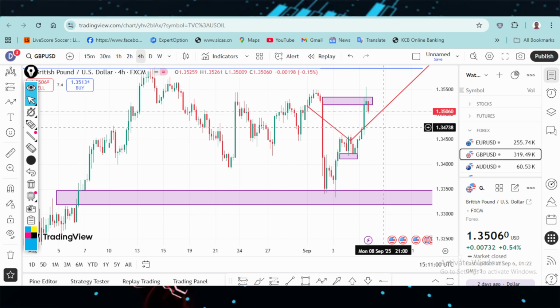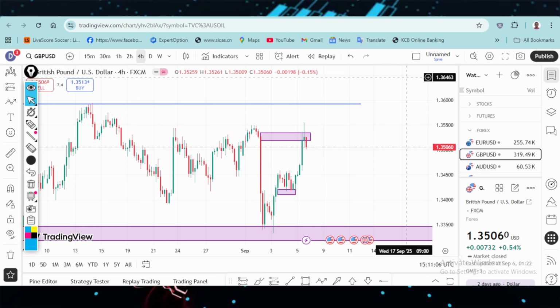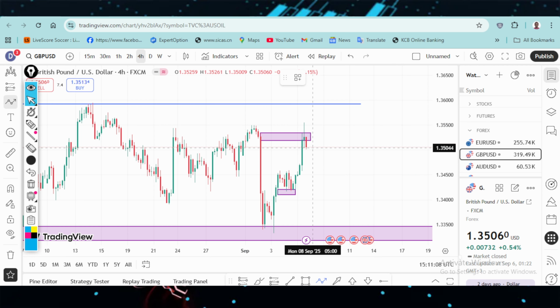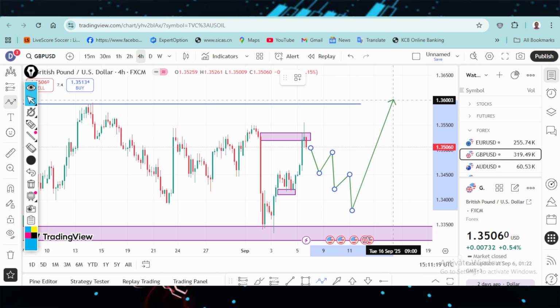Now, what is next from here? I'm seeing it's going to go down in a corrective way before any further move to the upside.